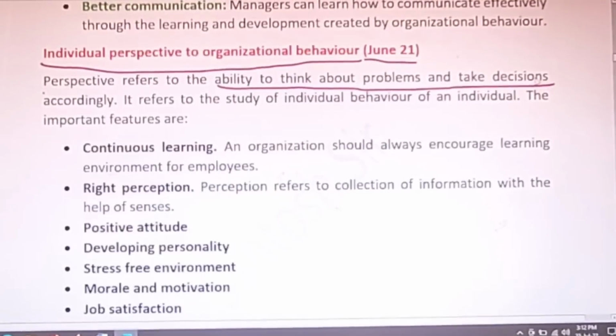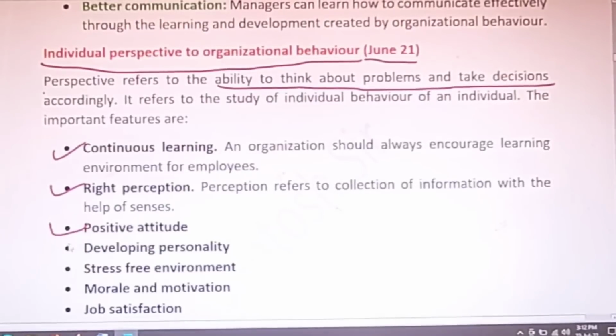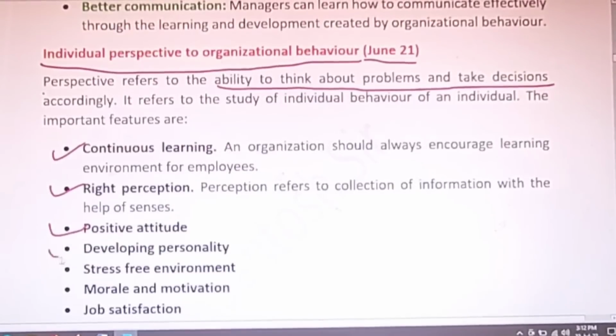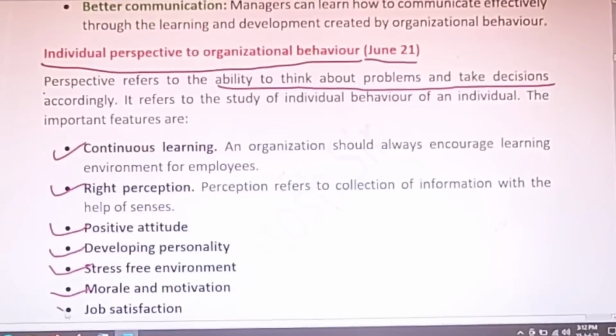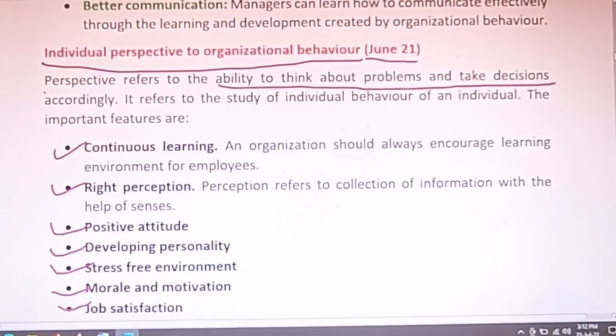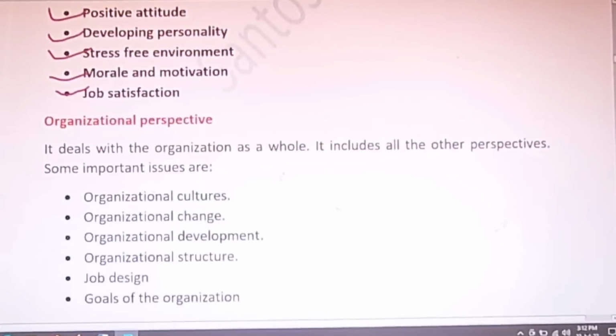And there are many features of this, like it is a continuous learning process. It helps to take right perception, it develops positive attitude, then helps to develop personalities, then stress-free environment, it helps to boost morale and helps to get job satisfaction. So like this you can define all these points.